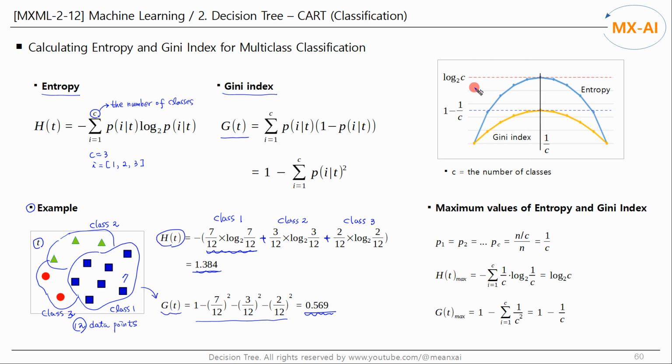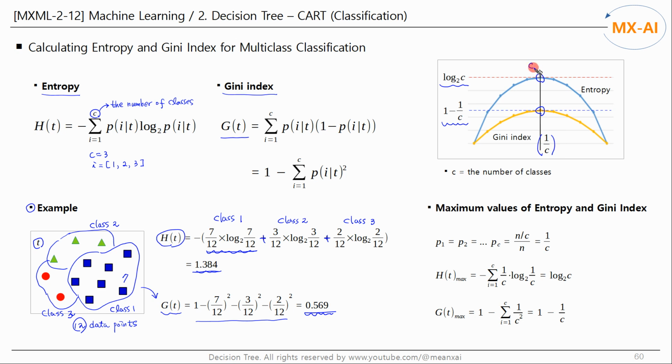In general, the maximum entropy is the log base 2 of the number of classes, and the maximum Gini index is 1 minus 1 divided by the number of classes. Both entropy and the Gini index reach their maximum when all classes are equally likely. That is, when each class has a probability equal to 1 divided by the number of classes.